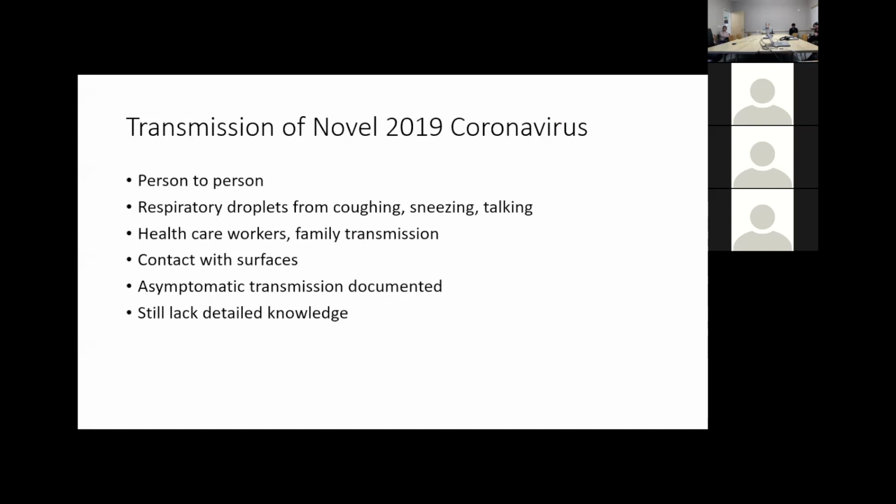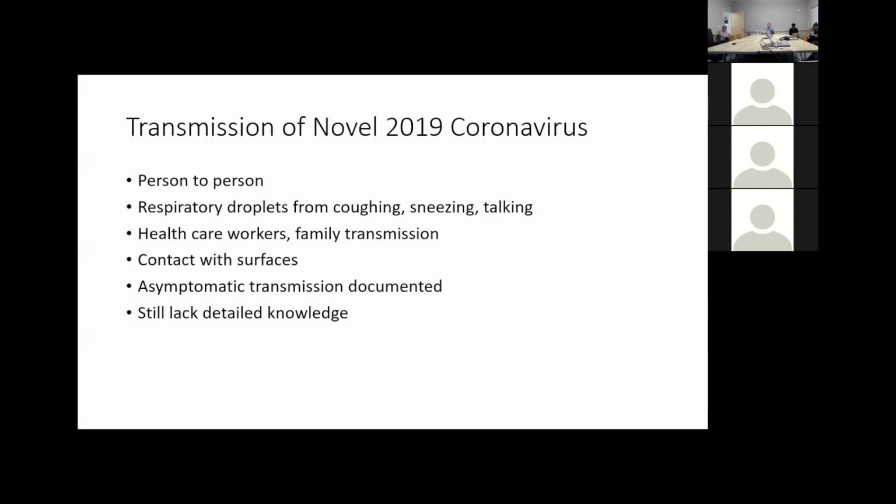We also know that the virus can survive on various surfaces. So contact with a contaminated surface, if you touch that surface with your hand, then touch your face, your nose, your mouth, or other mucous membrane surface, is probably another significant route of transmission.